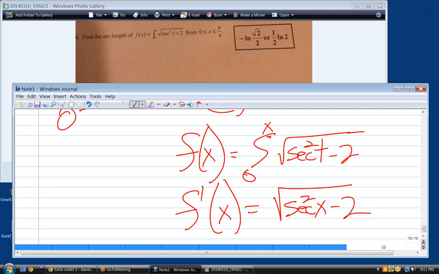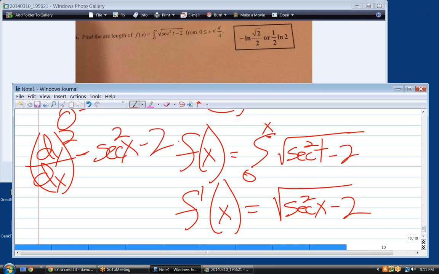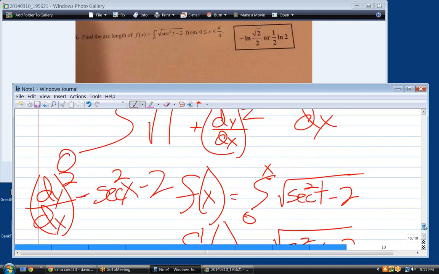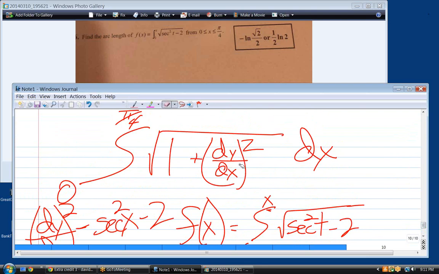That's the first derivative, so that's dy dx. We want dy dx squared, which is going to be secant squared of x minus 2. So everything under the integral is now secant squared x minus 1.